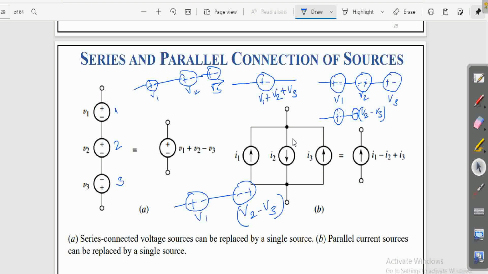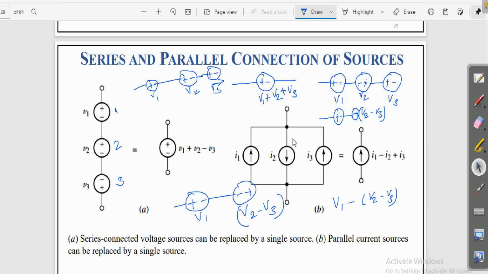Now it becomes positive negative, negative positive. So V1 minus of V2 minus V3.